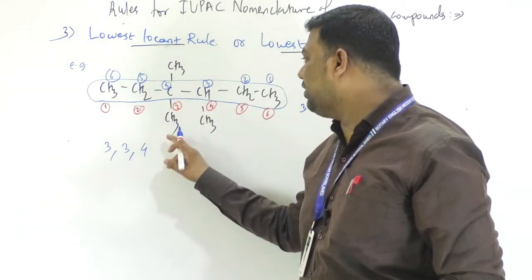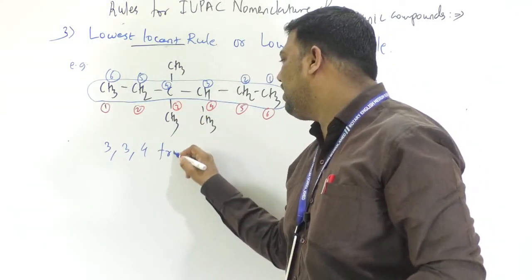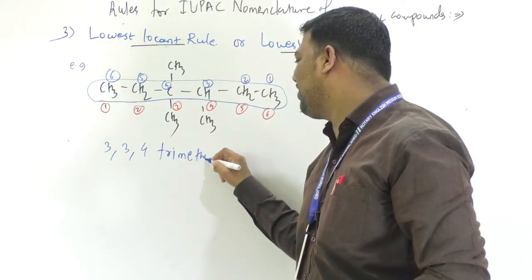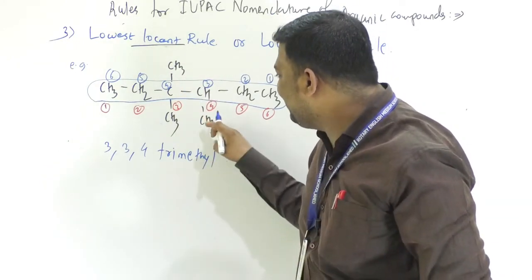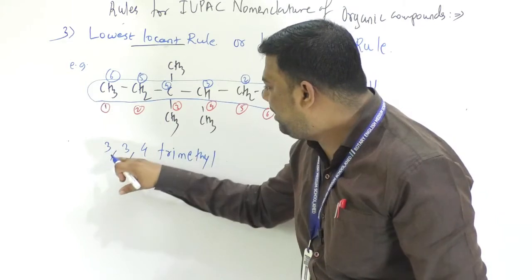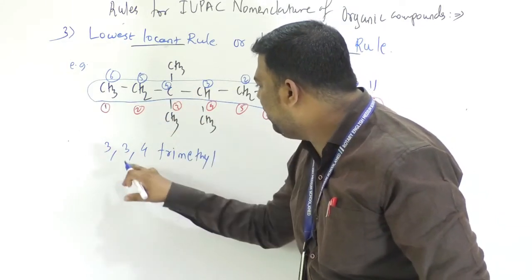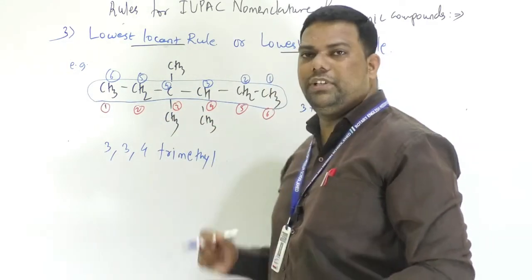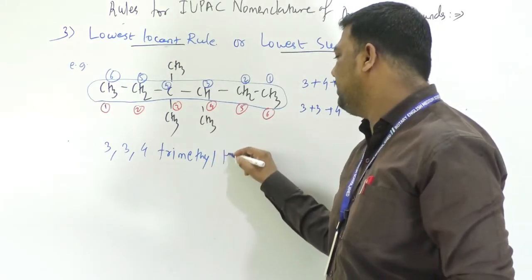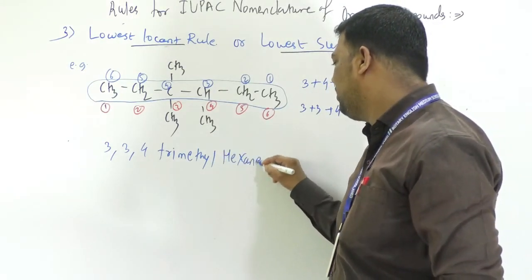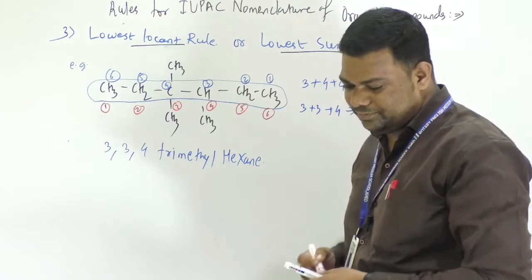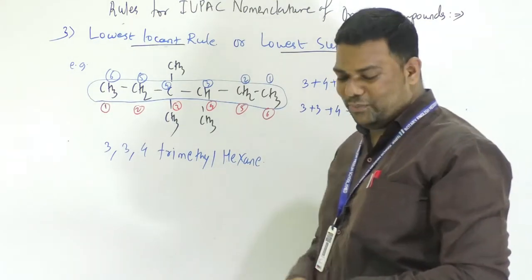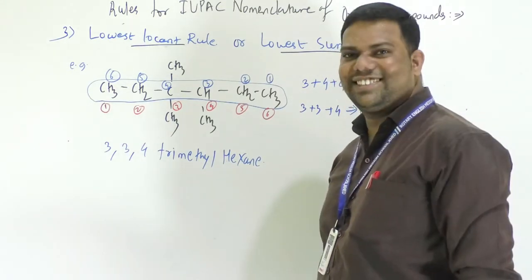So 3, 3, 4 trimethyl, since there are 3 methyl groups, with positions mentioned. 3, 3, 4 trimethylhexane. I hope you understood this.